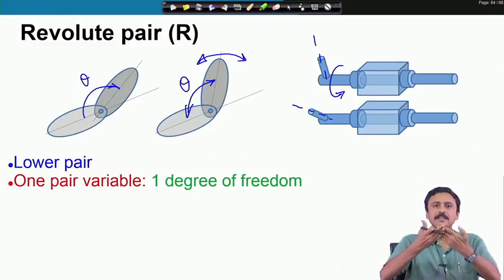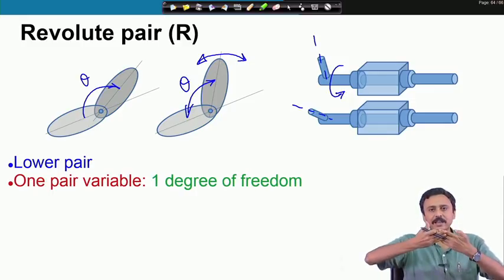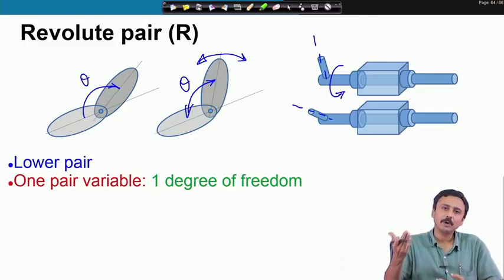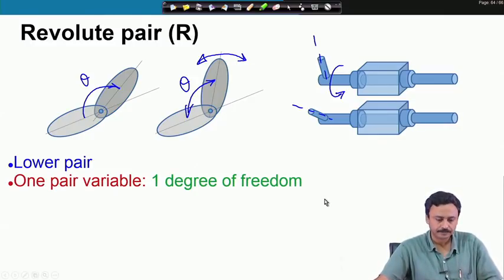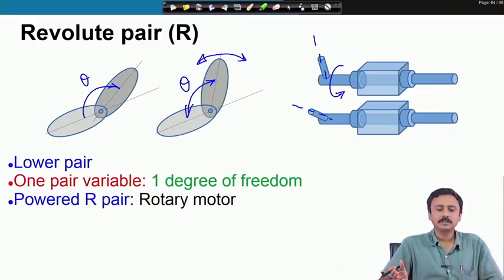So, if I say this angle should be, let us say, 90 degrees, then it fixes up this kinematic pair. You specify the angle and it fixes up the configuration. So, we have one pair variable and we have therefore 1 degree of freedom. A powered R pair, revolute pair, is a rotary motor.